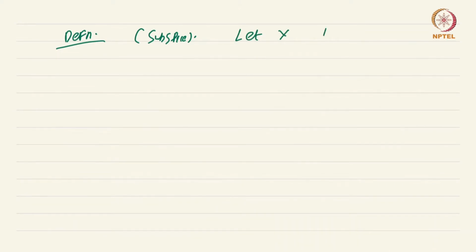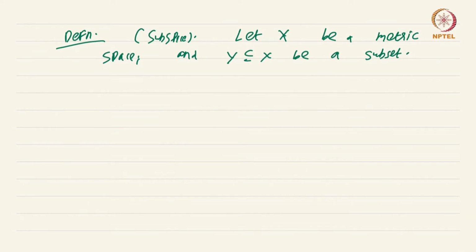Let X be a metric space and Y a subset of X. On Y we can define a metric. This is just d restricted to Y cross Y.